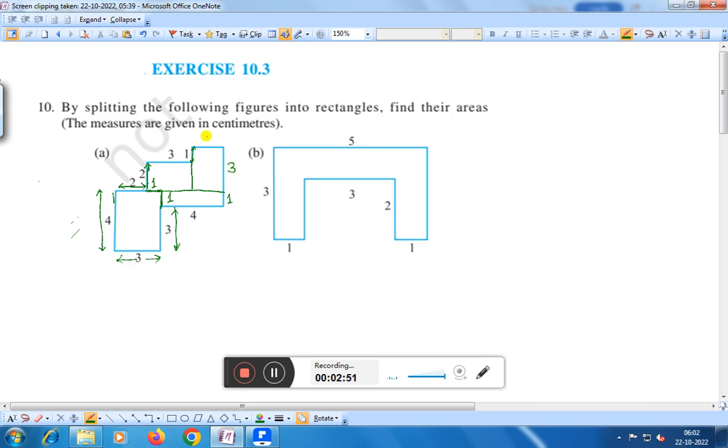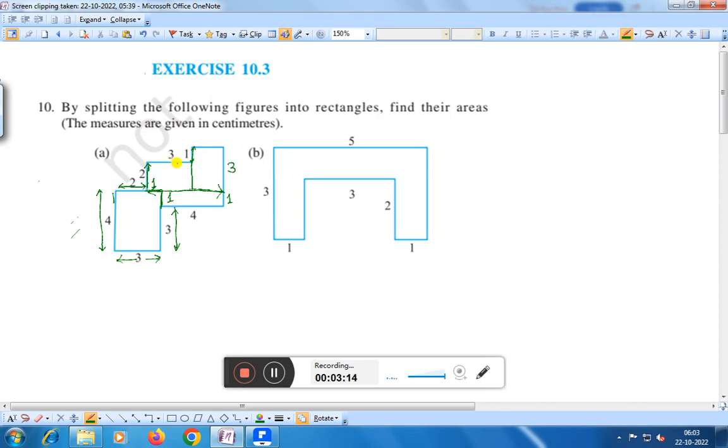Right? And here you see that it is 4. What is the length of this side? From here to here you will find that it is 1 and this is 4.